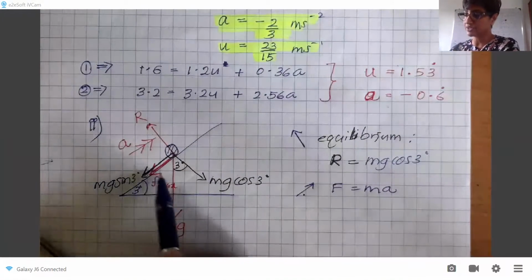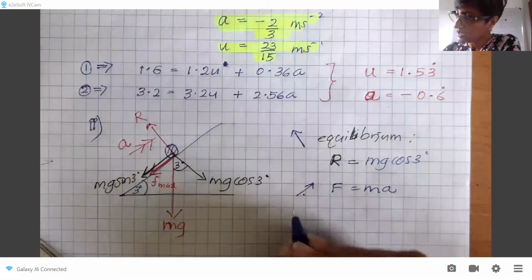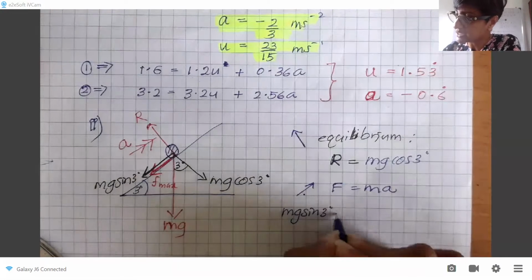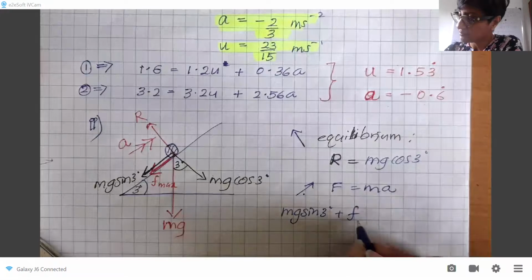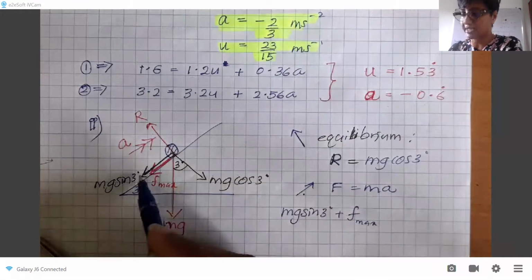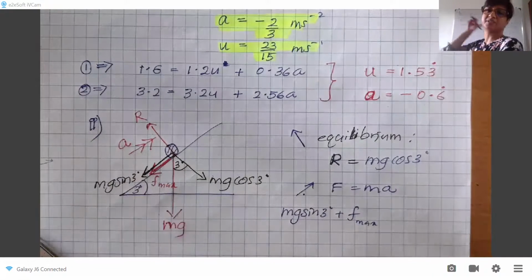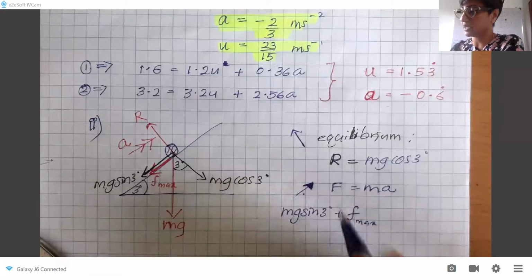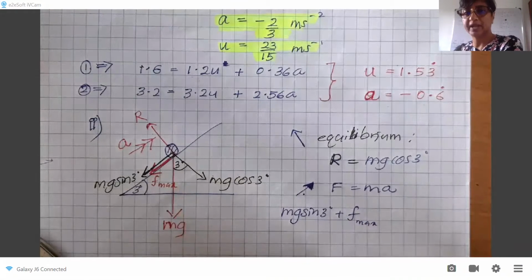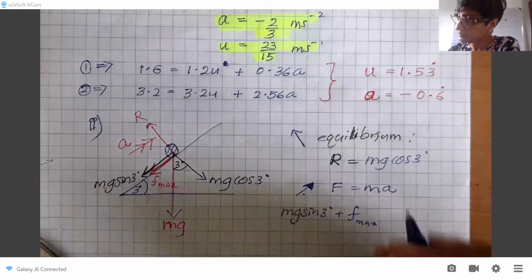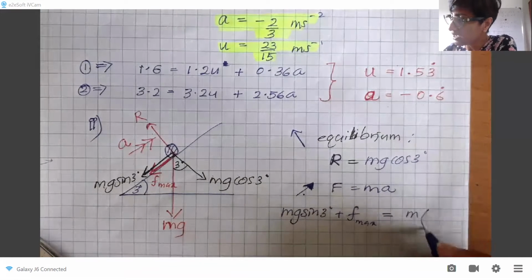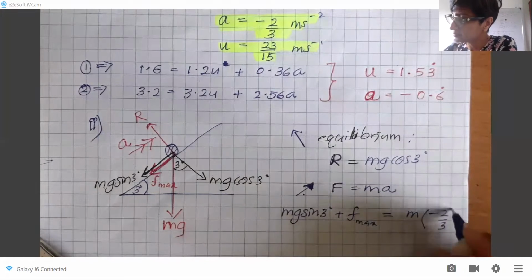So there are two forces. You can add them. What are they? mg sin 3 plus F max. There are two forces acting down in the opposite direction. I'm applying F equals ma up. Very important. You apply it in the direction of motion. Equals m times a, which is minus 2/3.